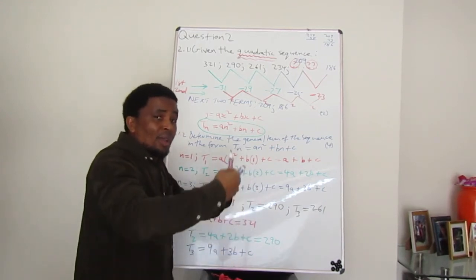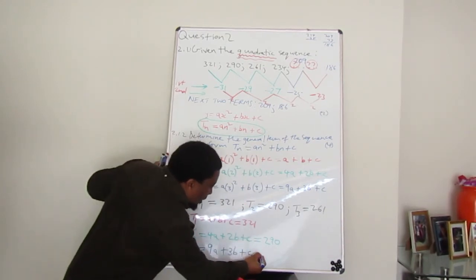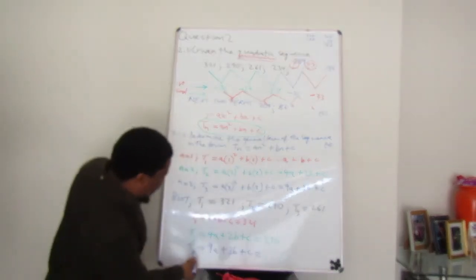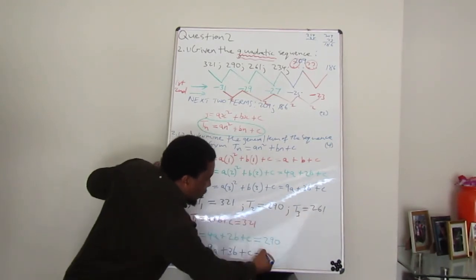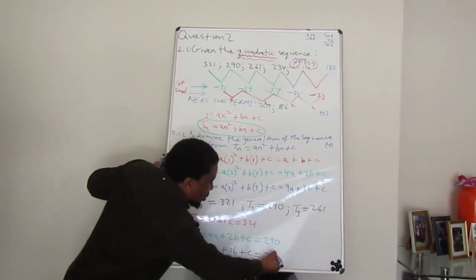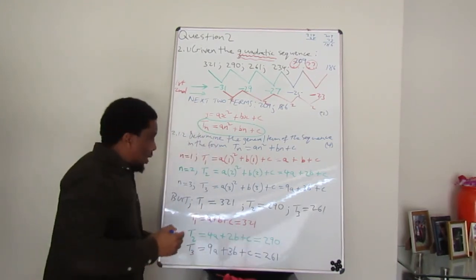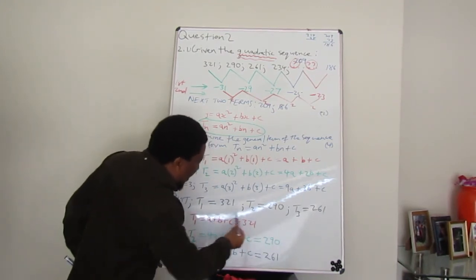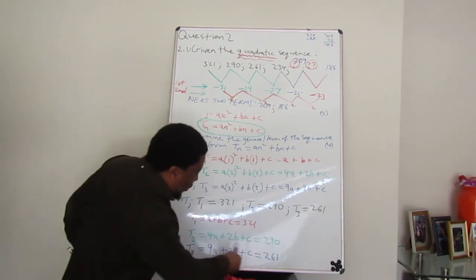Maths is beautiful. Maths is fun. Let's go. Which is equal to, right? But term 3 has been given as what now? We equate it to 261. Right?